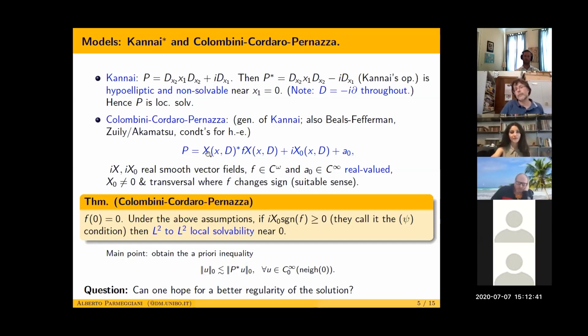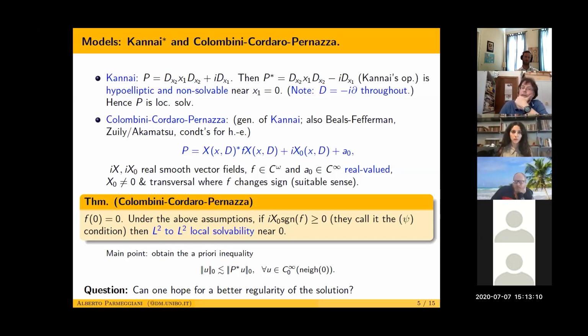So you take an operator X star f X + iX0 + some complex function, and they consider the case when f is analytic and X0 is never zero, and which is transversal where f changes sign. This is in a suitable sense, because f, although it's analytic, has a very complicated set of vanishing.